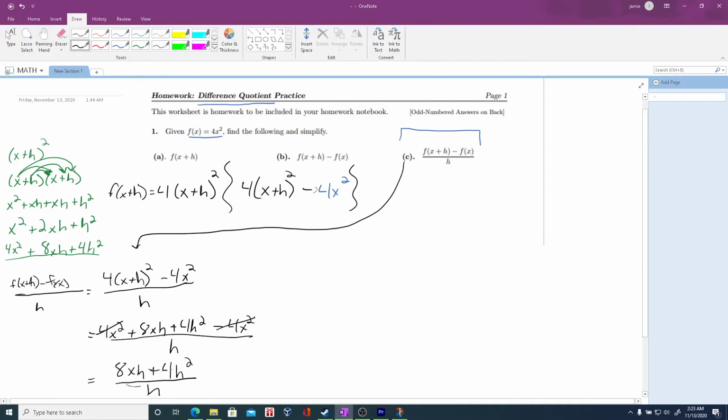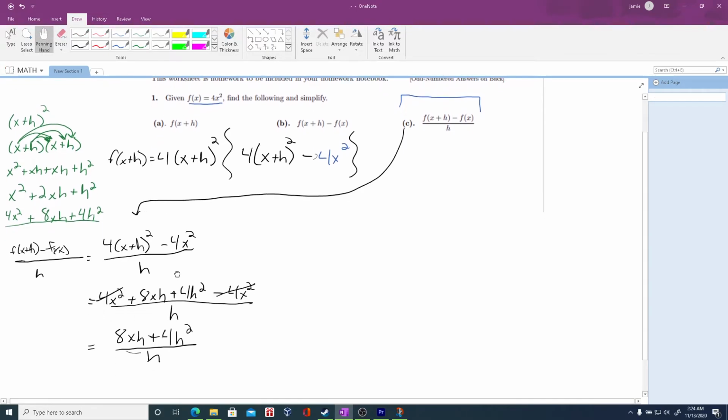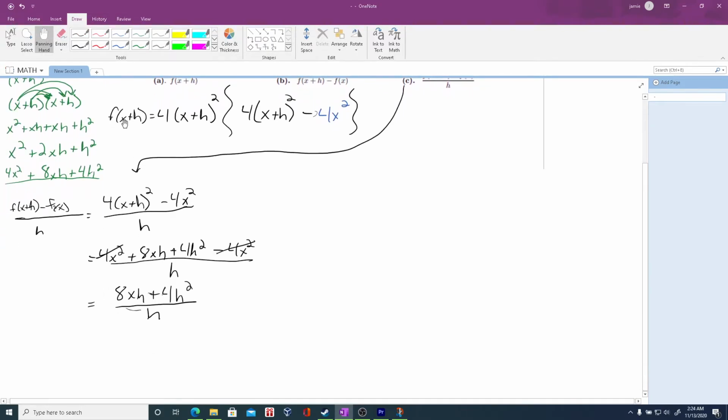Each term has an h in the numerator, and the only term in the denominator is an h. So what we can do is cancel out one. The actual arithmetic to do it would look something like this. You pull the h out, so you'll have h times 8x plus 4h, and that's over h.